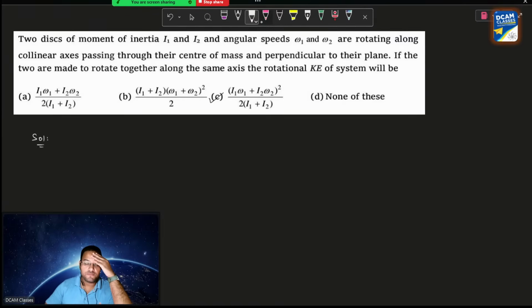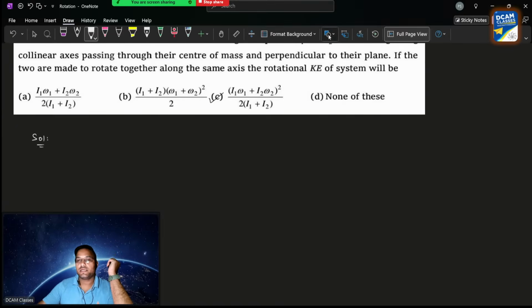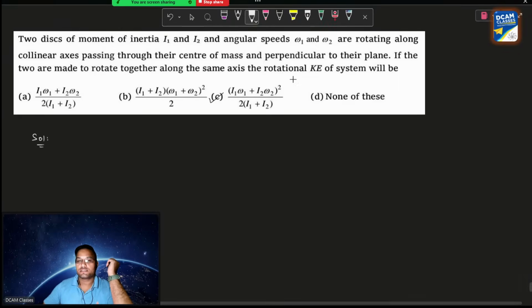Because see, let me explain the situation first. There are actually two disks. One disk is this one, and they are collinear disks. Collinear disks means what?